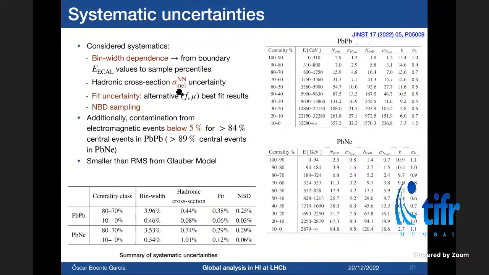The rest are from experimental parameters, also the fit fluctuations, and the statistical uncertainty from the sampling on the negative binomial distribution. Also, we have to consider that for non-peripheral events, we have contamination from electromagnetic interactions. An important point is that the systematic uncertainties are smaller than the RMS that comes from the Glauber model. So they are not limiting our knowledge, let's say.